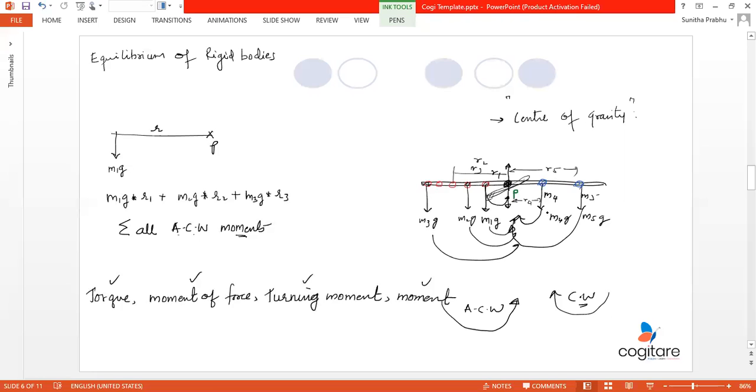And what about these two? These are the sum of all clockwise moments of forces.